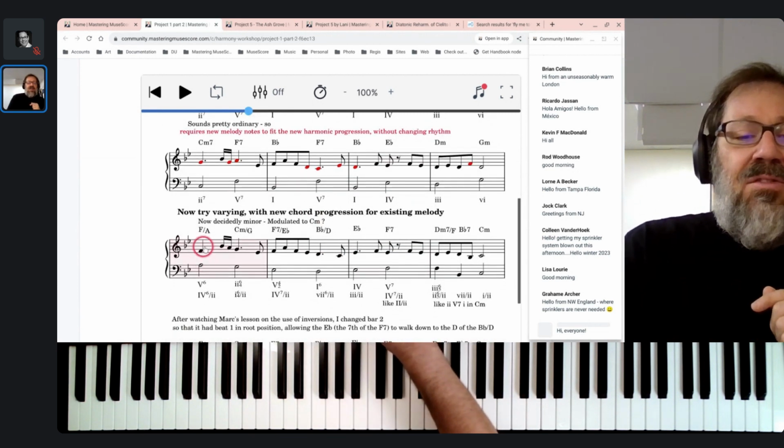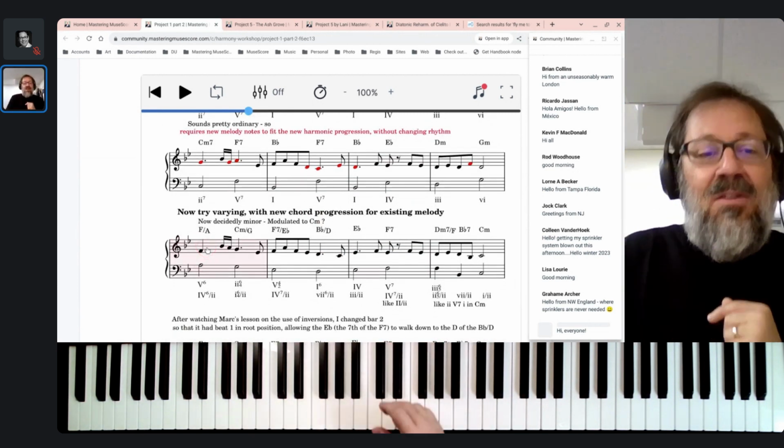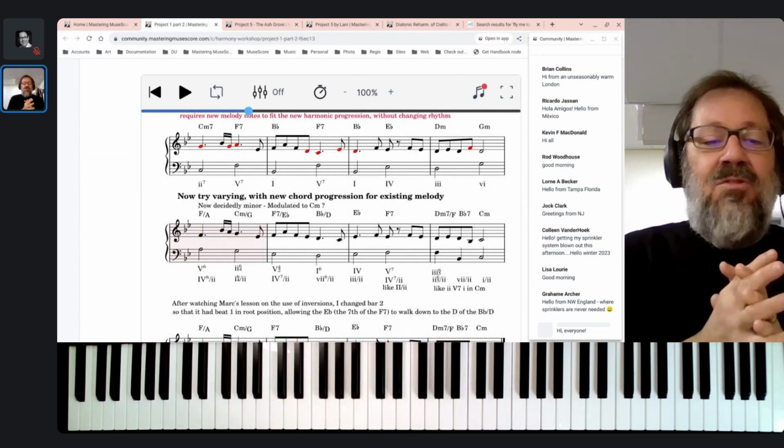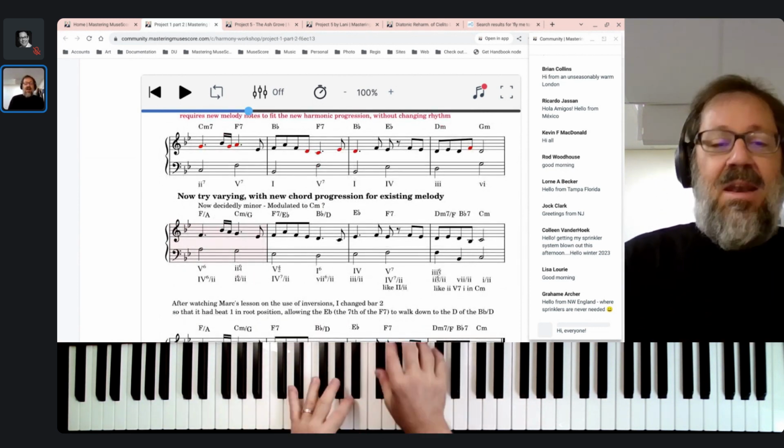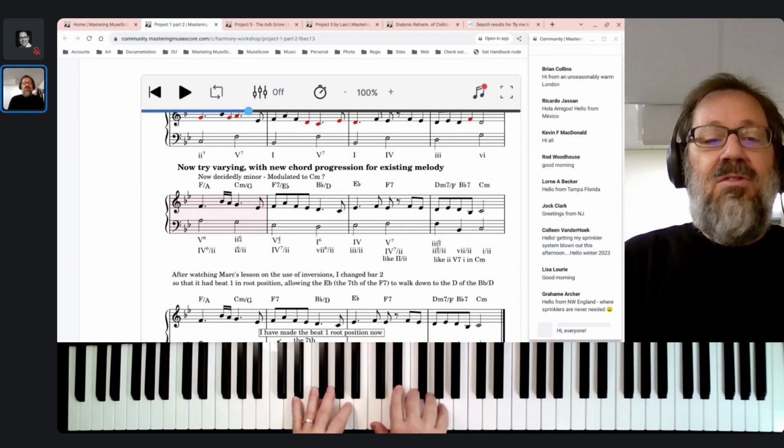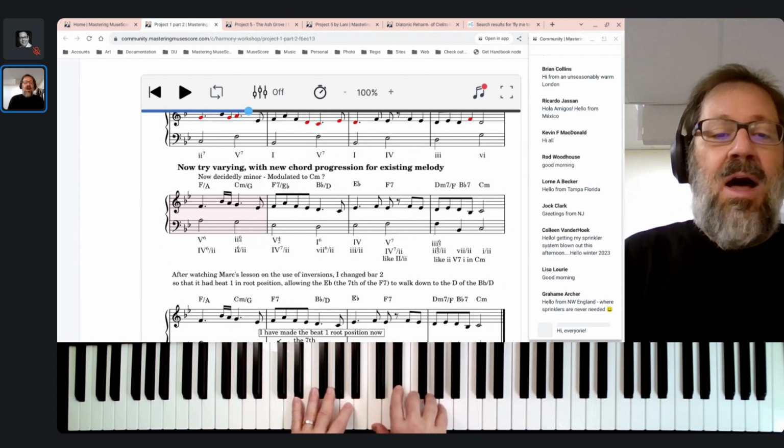So then the next thing I wanted to take a look at was Rod's use of some inversions and what he did here. So he's changed up some chords quite a lot here, but let's talk about what's going on.